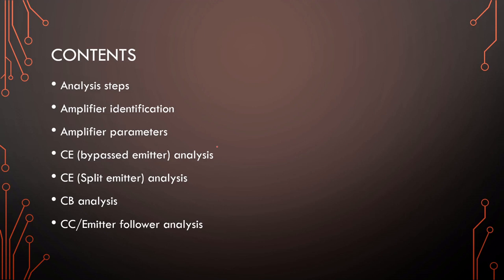Okay, so how this part is going to work is there is a certain amount of examples for each, and I'm going to do the examples for the common emitter and then show you the simulations afterwards, then the common base and simulations when we're done with all the analysis, and same with the common collector.